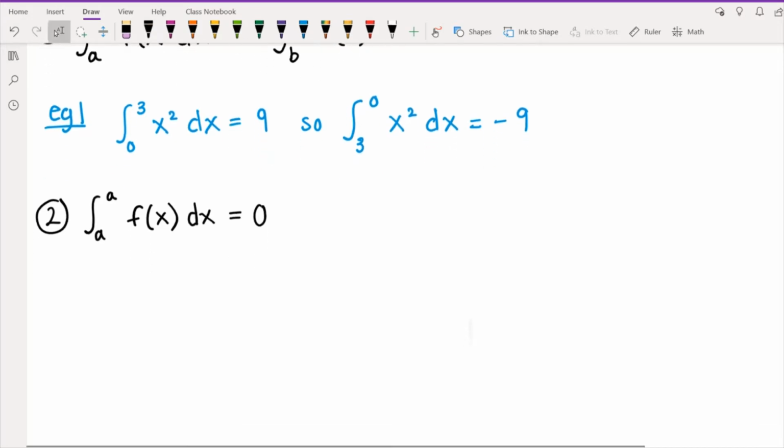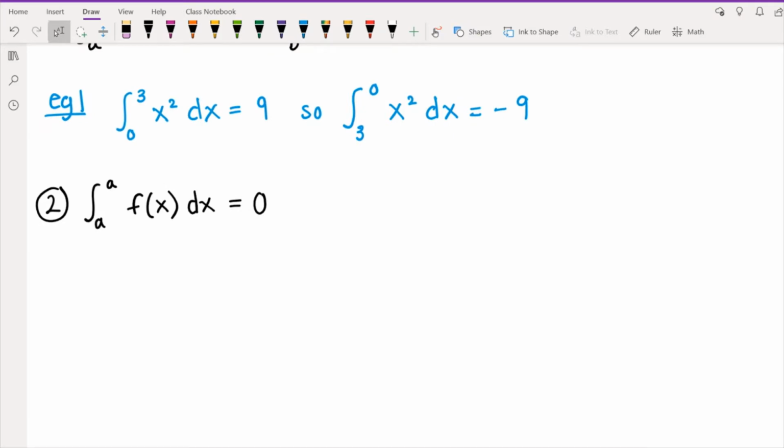Well, if your two bounds are the same, going back to the area interpretation of an integral, let's say you have a function that looks like this, and you're doing the integral from a to a, well, there's just no area there, right? If you had another point b over here, then you could talk about an area. But if you bring this other value b on top of a, there's just no area there. And so that's why we say that the value of that integral is equal to 0.